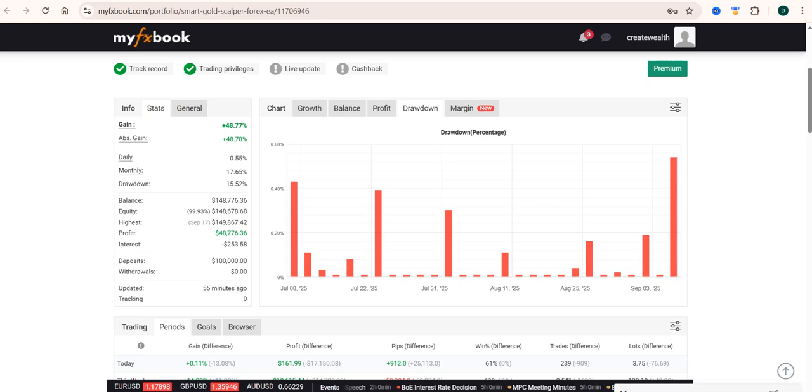However, we would say that the drawdown could sometimes be a little higher. On 50k, if you just multiply it by 2, the drawdown could have been around 30% or something. But still we do not recommend 50k, because gold is such a thing that can ruin your account anytime. So better to put a good balance there.